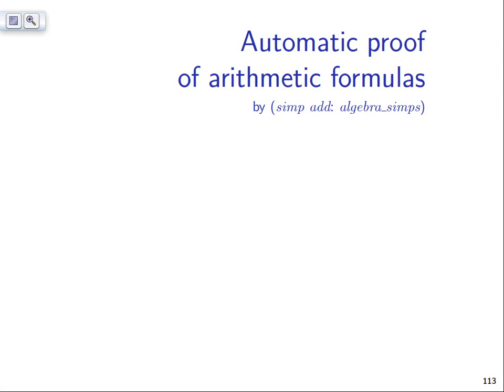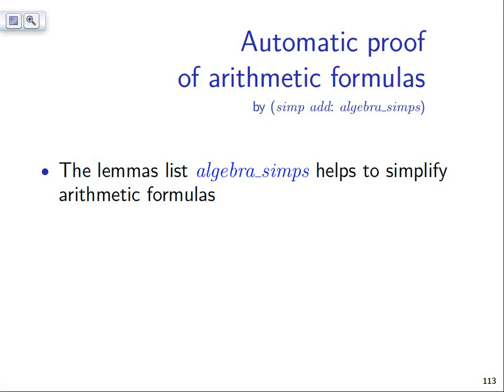This is something that we have put together to help you prove things in general about algebraic structures, and in particular about numbers, because these numbers, of course, also form algebraic structures like rings and fields. And so if you add explicitly this collection of rules, what will that help you? It'll help you to simplify arithmetic formulas. Well, that doesn't necessarily mean they really become simpler, but they are moved into a more canonical form.